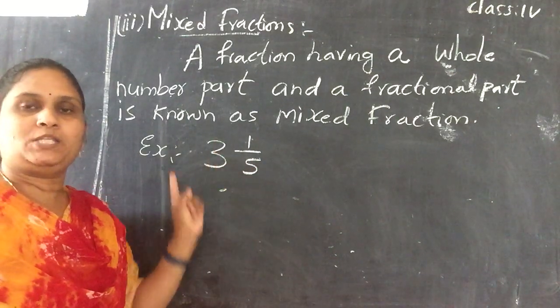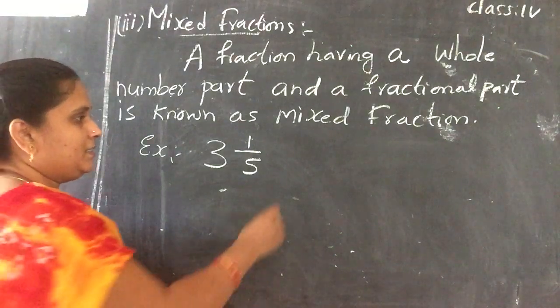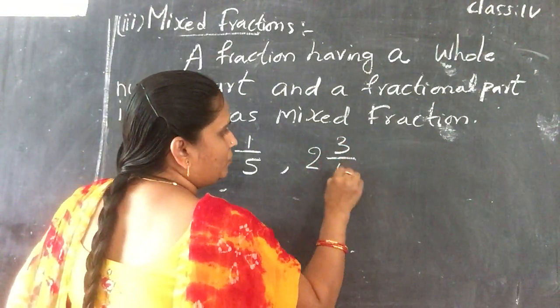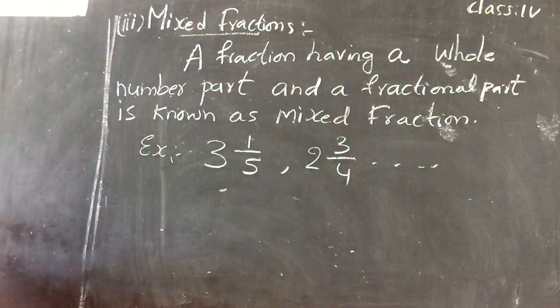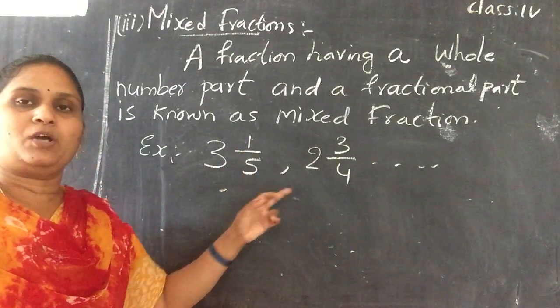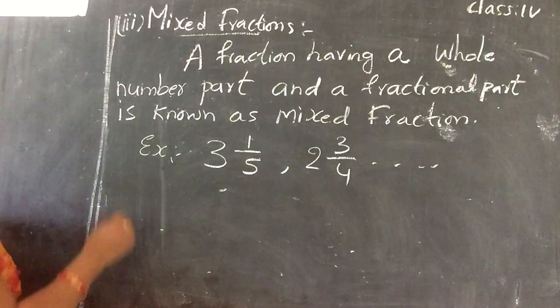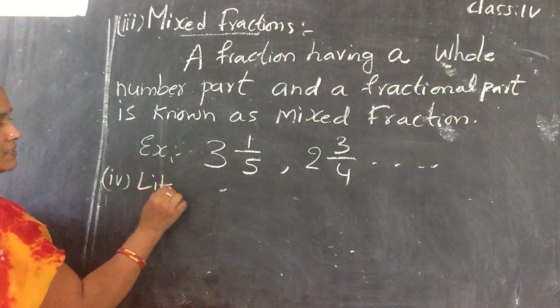So together this will be known as a mixed fraction. 3 1 by 5, 2 3 by 4, like that. If the fractions are in this form, whole number and fraction together, those fractions will be known as mixed fractions.